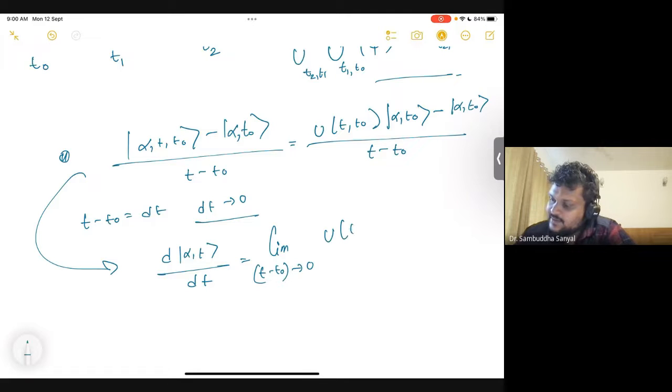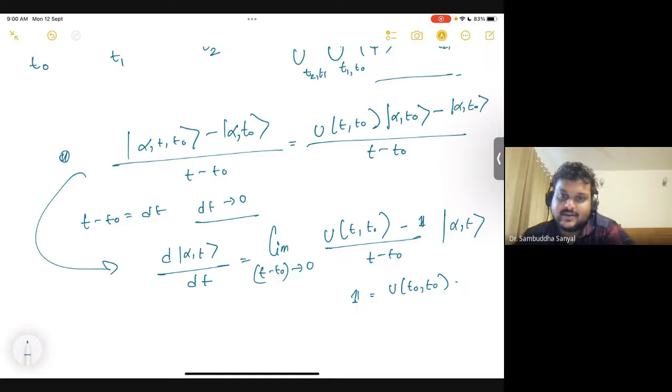Then it is U T naught minus identity divided by t minus t naught, acting on alpha t. What is identity? Identity is basically U t naught t naught, which means no transformation. You can alternatively also write it like that.